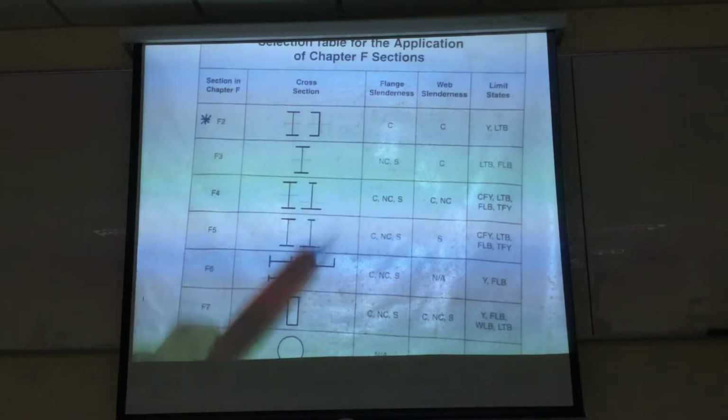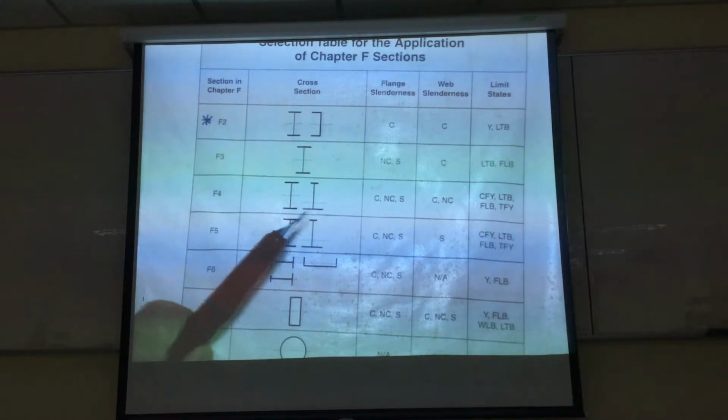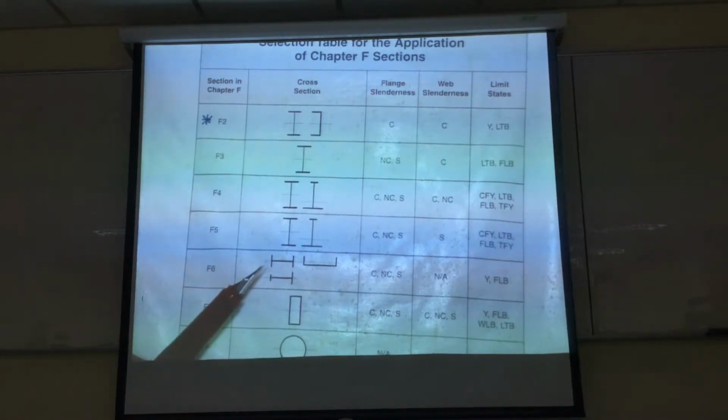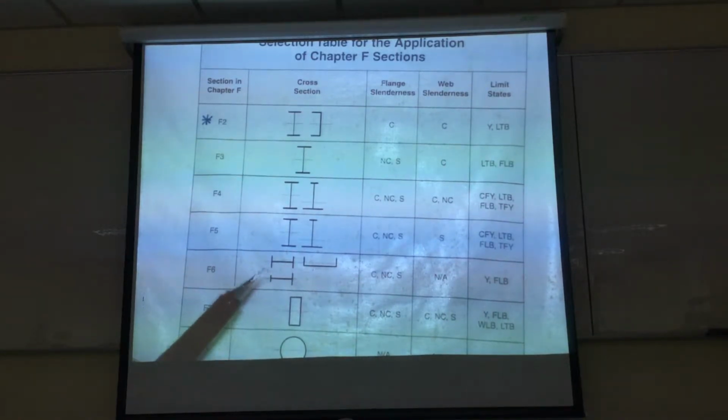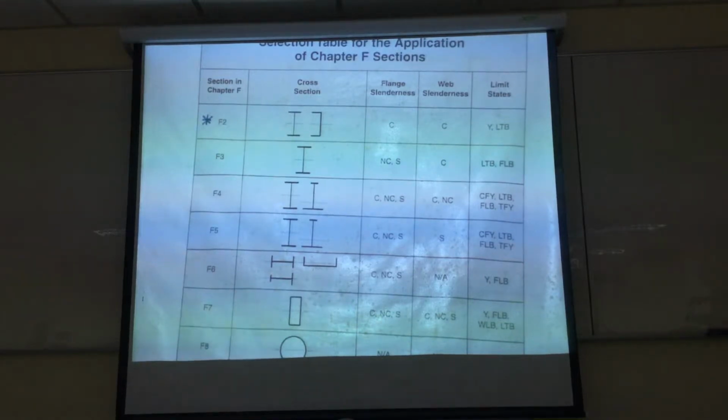I doubt if in this lifetime you'll be seeing this thing, but maybe this one could be the case, under the minor axis, bending in the minor axis. The other cases will not be so likely.